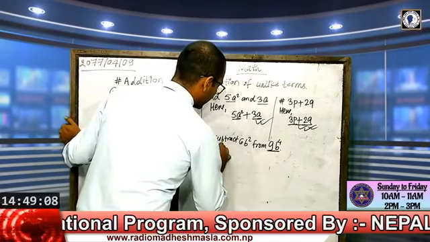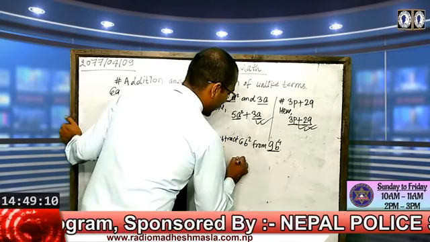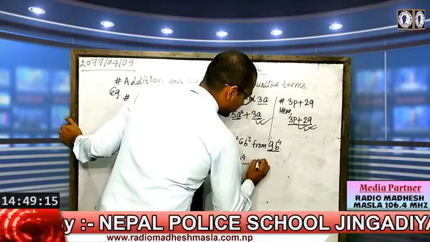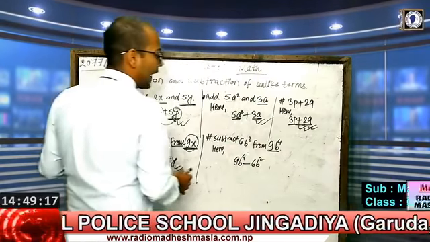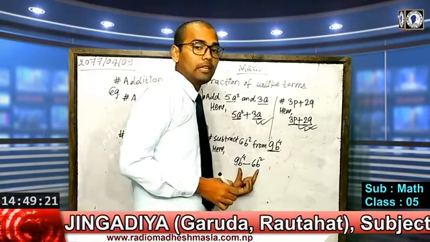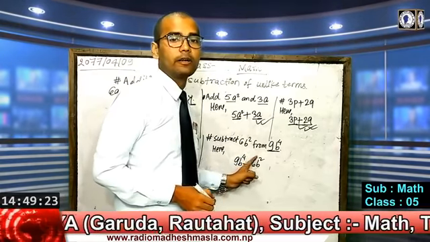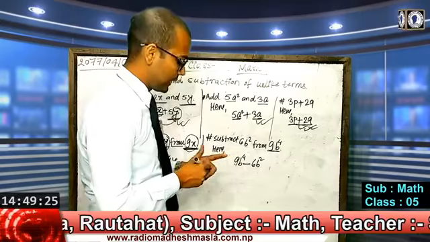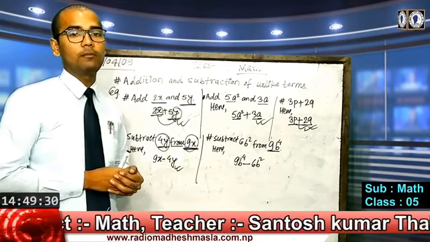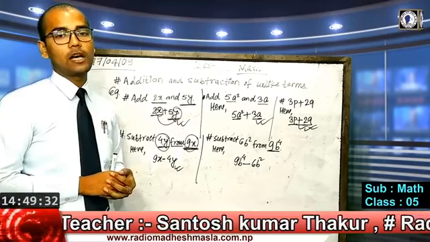So 9b⁴ minus 6b². Here the base is the same but the powers are different. As you know, if the bases are the same but the powers are not the same, the terms are also unlike terms.